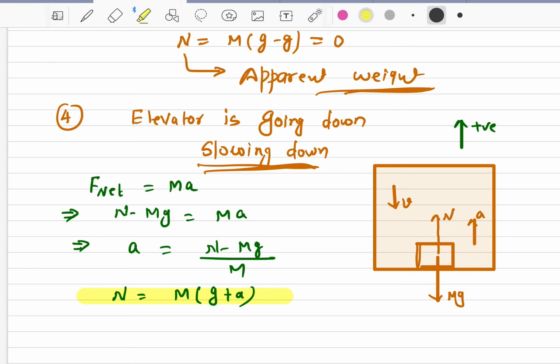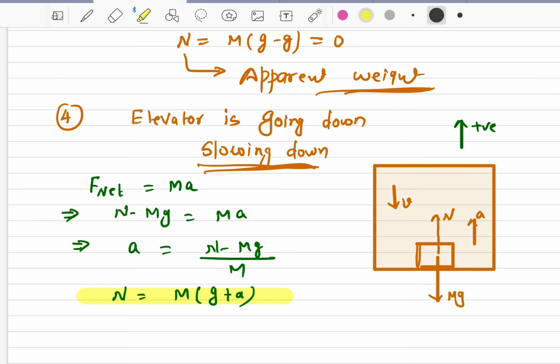That means a and g are added together. So what does this mean again? That means your weight will go up. Now let's say if you weigh 100 pounds, and the elevator is going down and slowing down, your weight might reach 120 pounds, depending upon the value of a.